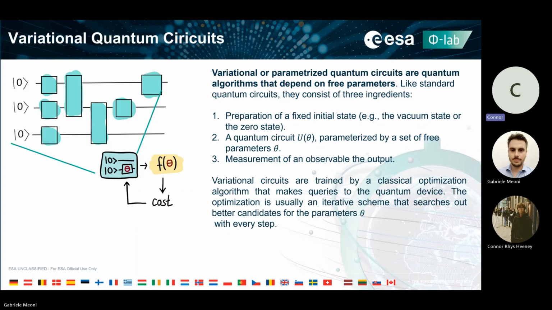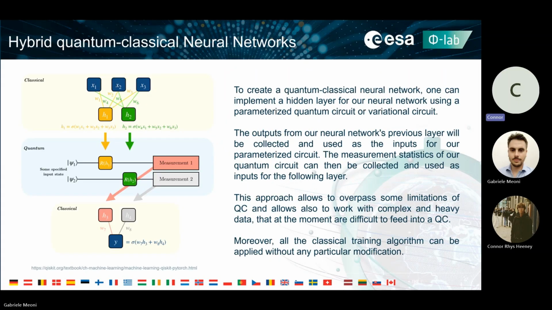These circuits are also called quantum neural networks, because in the end, even if they are not neural networks in the sense that they use neurons, the principle is very similar. And it's possible even to do nowadays hybrid quantum-classical neural networks. This is because we are well aware of the hardware limitations, and a full quantum system might not be usable nowadays.